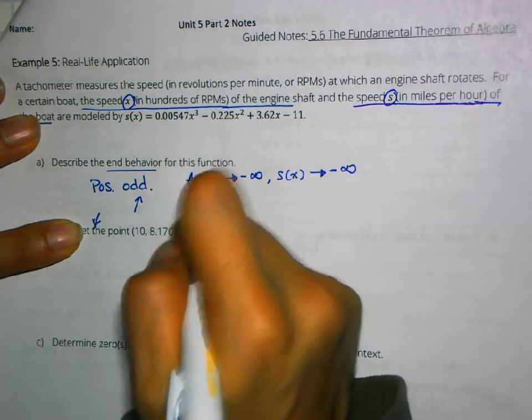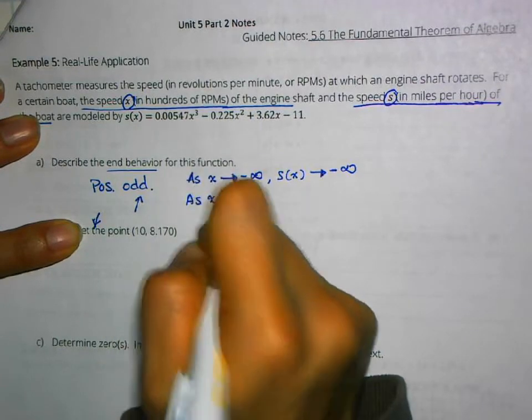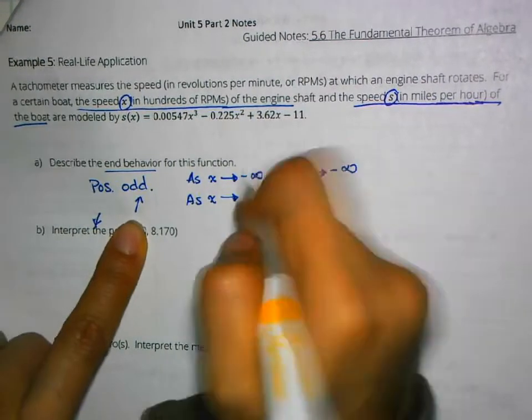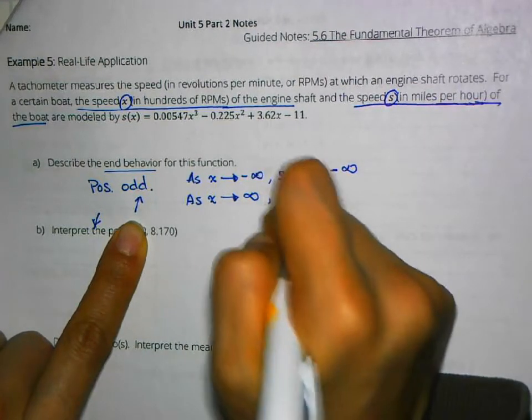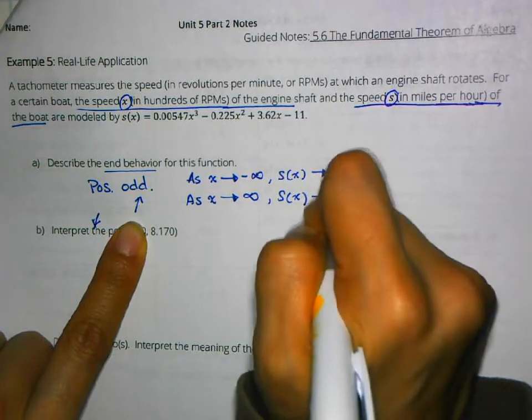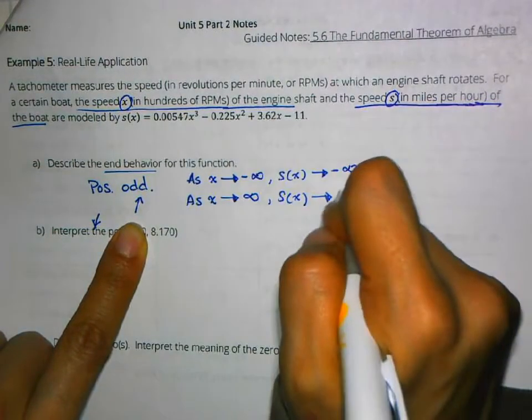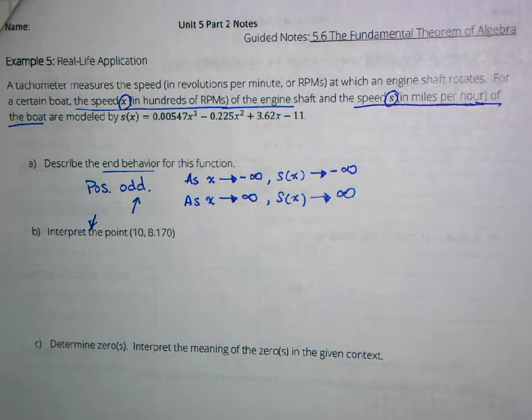Now I have to give the other side. As x approaches positive infinity, the right-hand side, what's happening to my graph? It's going up, so s of x approaches positive infinity. That would be my end behavior. I haven't gotten anything with the calculator yet, so let's keep going.